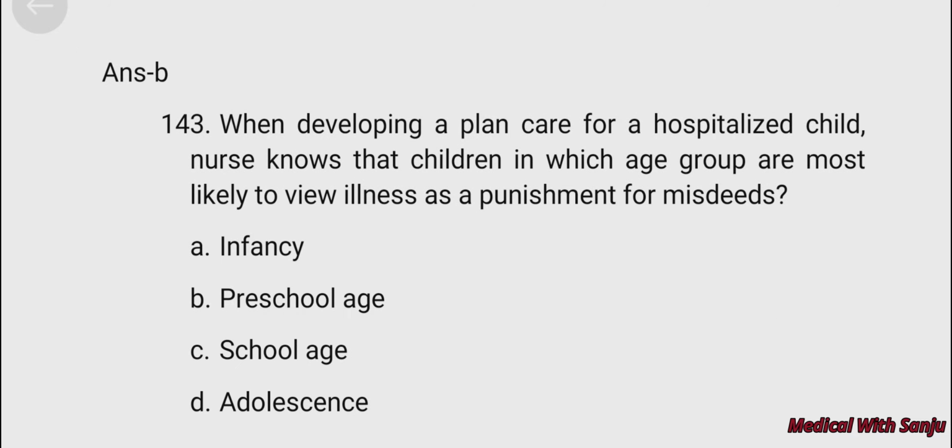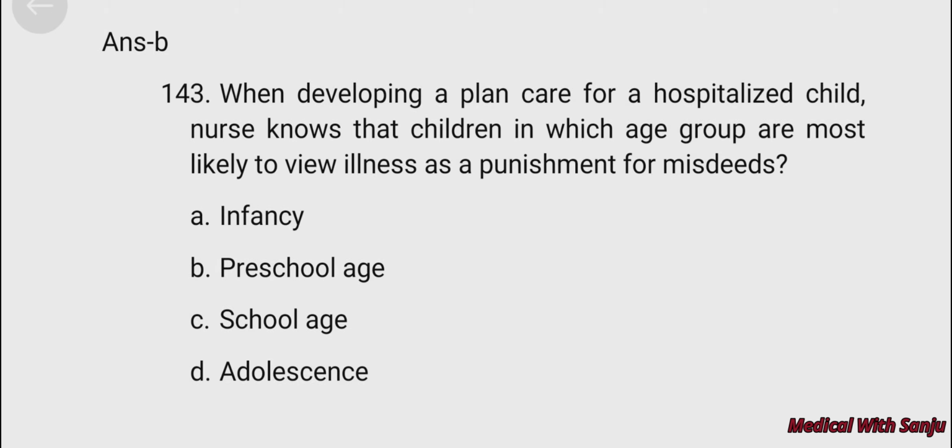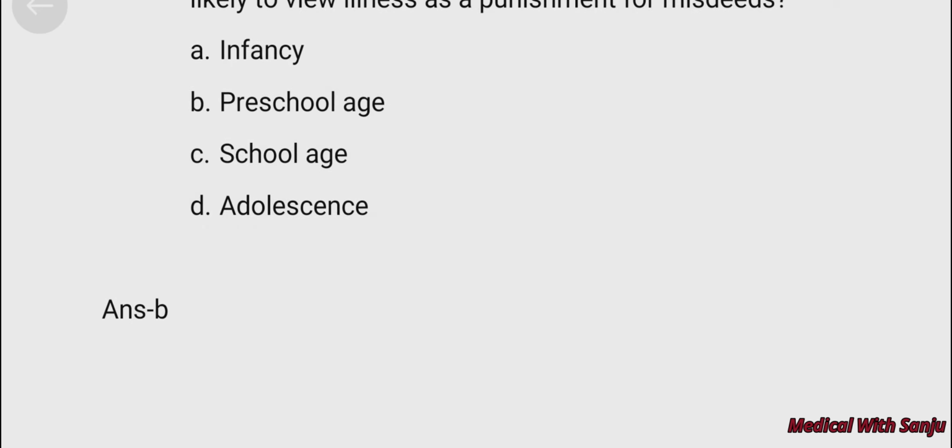When developing a plan of care for a hospitalized child, the nurse knows that children in which age group are most likely to view illness as a punishment for misdeeds? Option A, infancy. Option B, preschool age. Option C, school age. And option D, adolescent. Option B, preschool age is right answer.